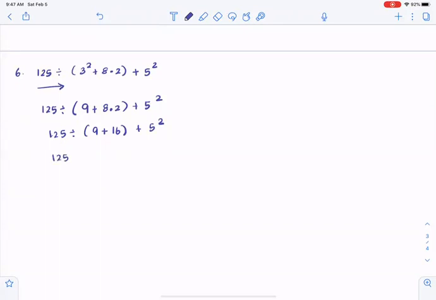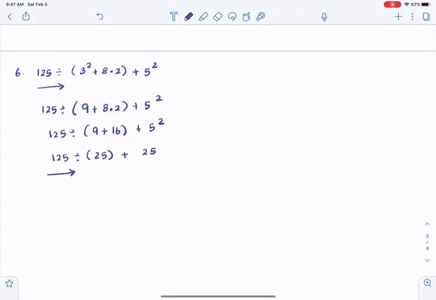So 125 divided by 9 plus 16, 25. You have to go from left to right. Multiplication and division comes first. Later, it would go to addition and subtraction.